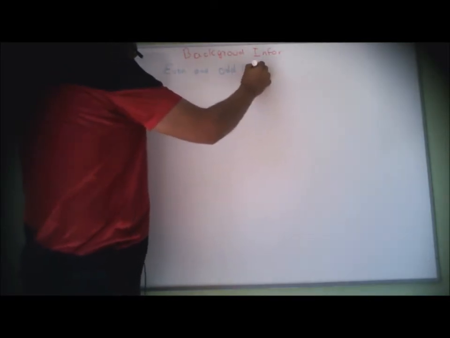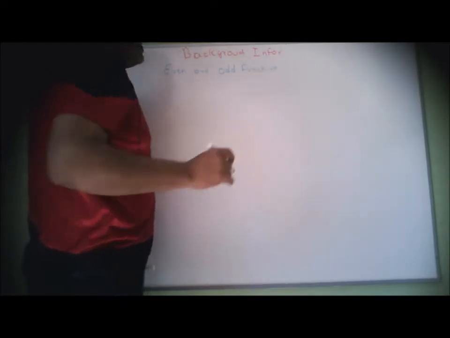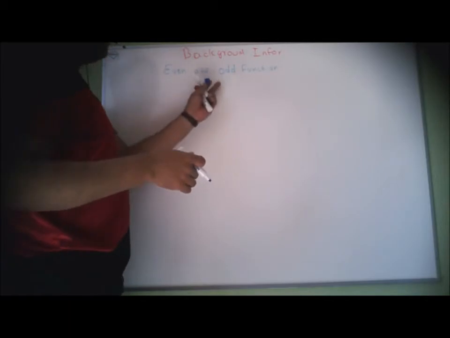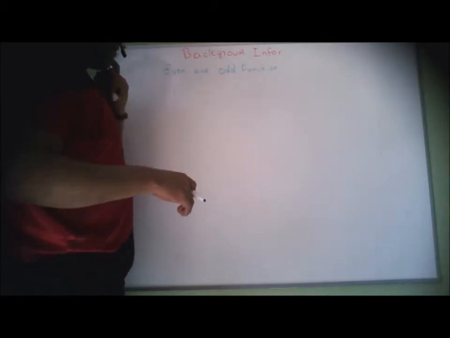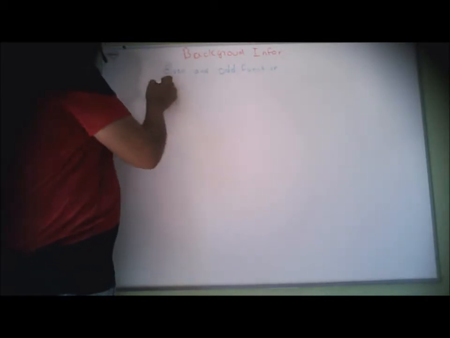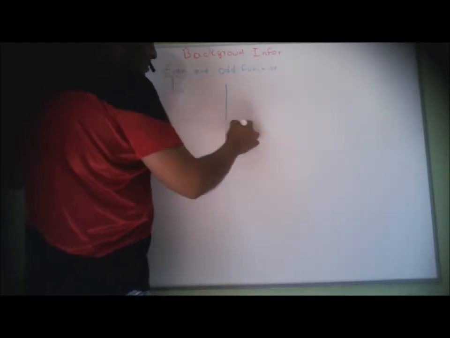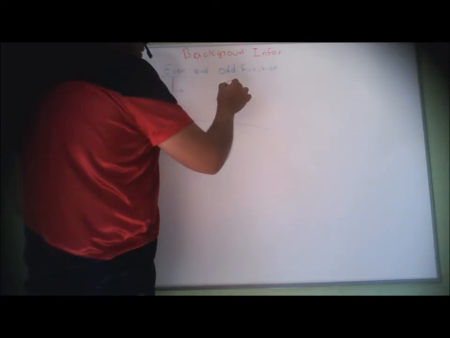functions. You may remember this as funciones pares or funciones impares, right? They're just even or odd functions. Now, what is the property of an even function? Well, an even function is a plot that looks something like this.